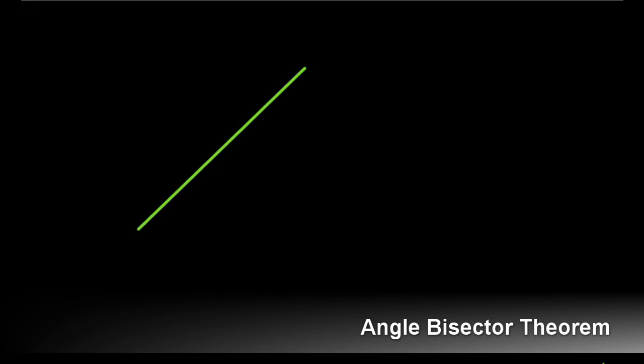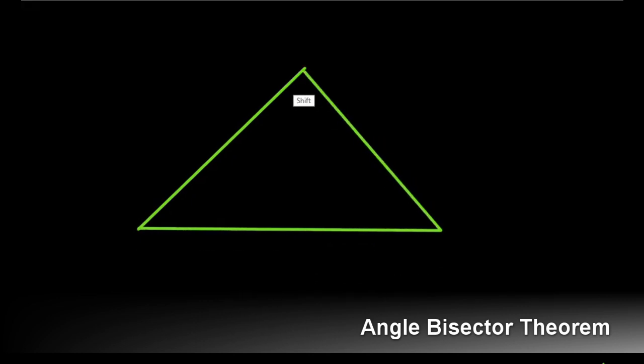So if I have a triangle, it can be any old triangle. So if I have this one here, an angle bisector all it does is cut an angle in half. So if I just use this angle here and I draw the angle bisector, such as this, this angle here will be x, and this angle here will also be x.